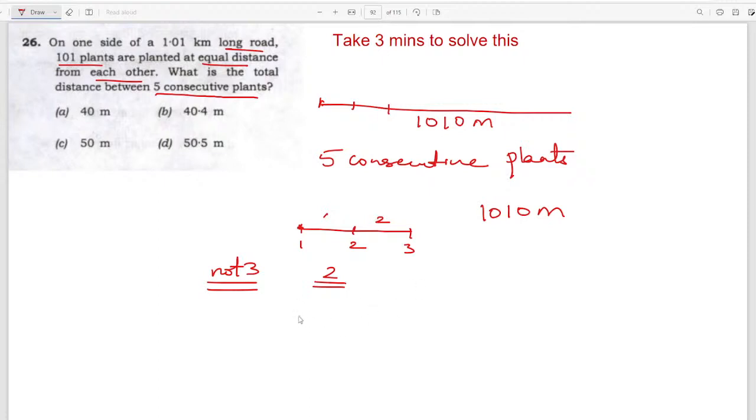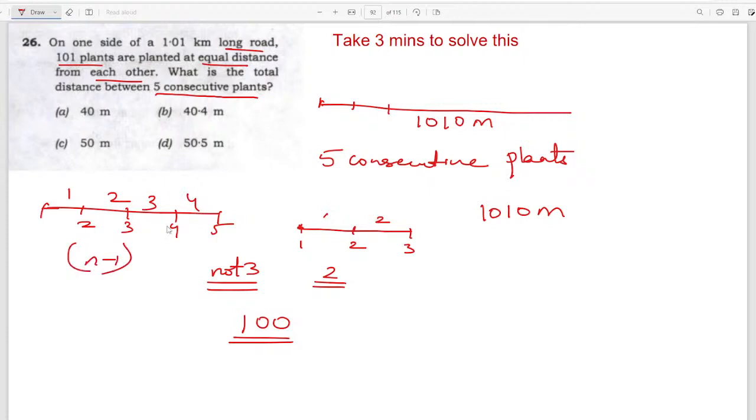If they have planted 101, then the slots with equal distances would be 100 and not 101. Because, for example, if you plant 5 trees, there will be 1, 2, 3, 4, that is n minus 1 equal sections.